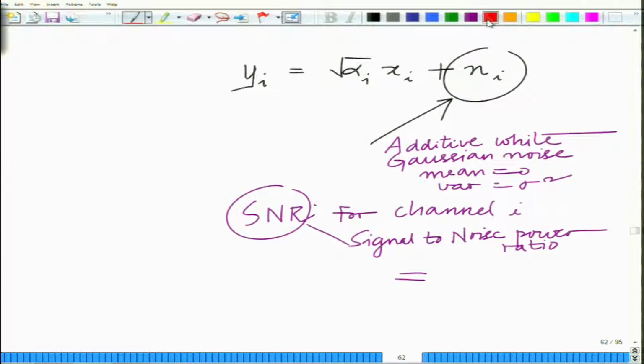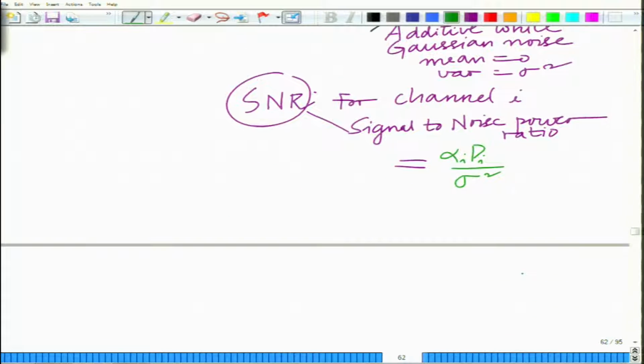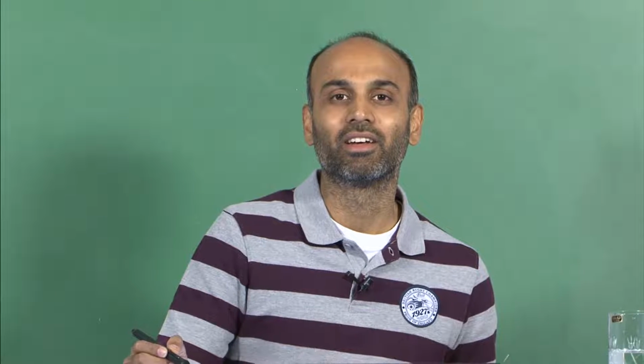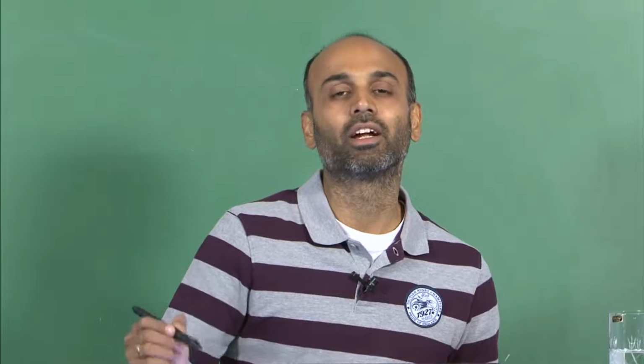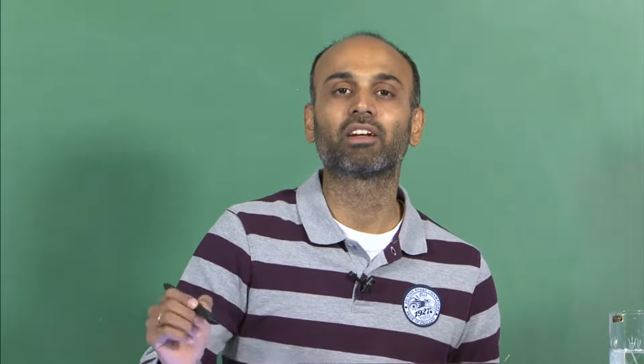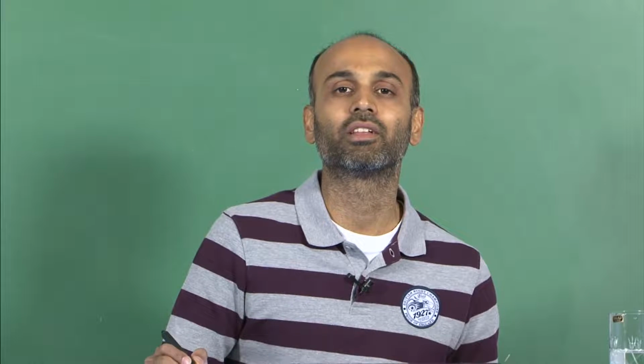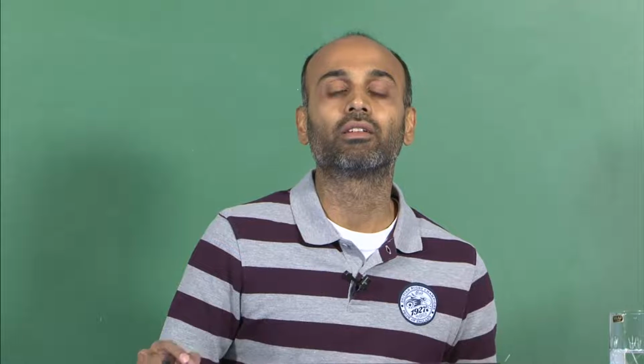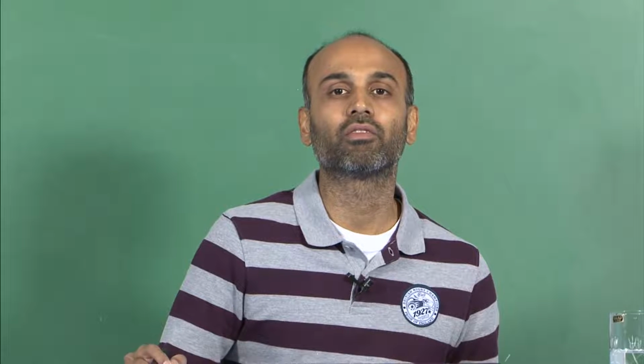This is equal to the received power, alpha i Pi, divided by sigma square. And now one can ask, corresponding to this SNR, what is the maximum information rate, or the bit rate, at which one can transmit over this channel? We have a convenient formula for that, given by Shannon's formula for the capacity of the channel, or the maximum bit rate of the channel.